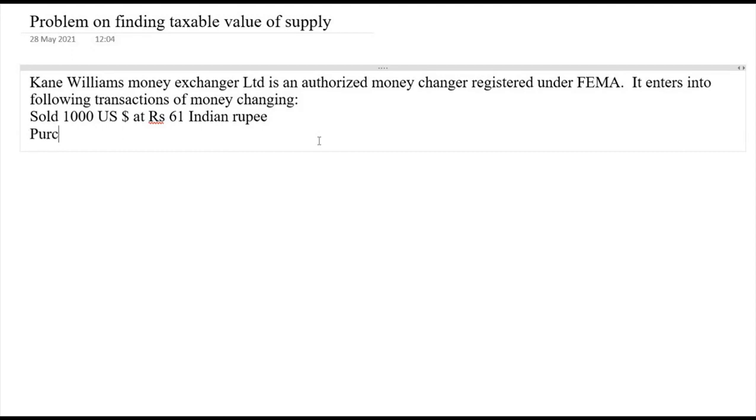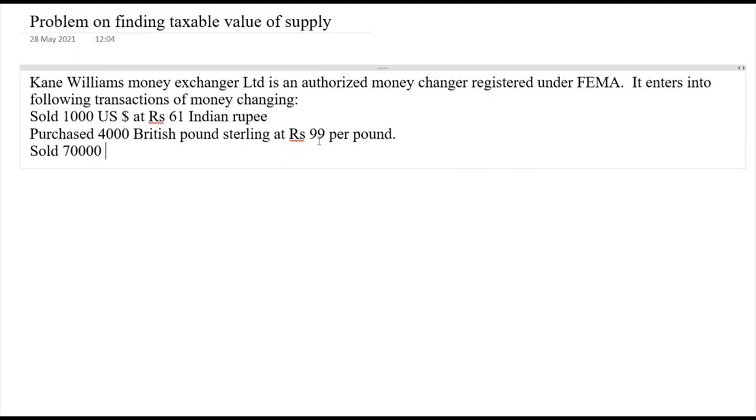Then purchased 4,000 British pound sterling at rupees 99 per pound. Sold 70,000 US dollars at rupees 61 per dollar.